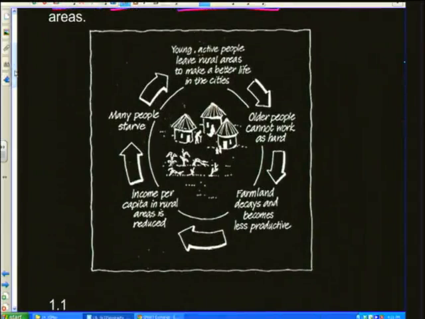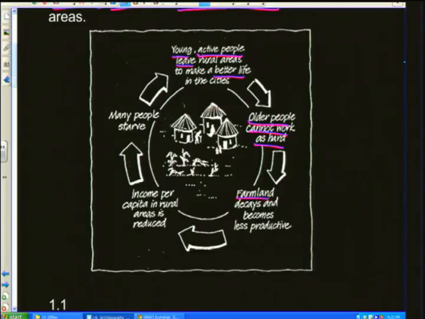So firstly, all the young, active people, they want a better lifestyle, they want more excitement, they want more entertainment, they want better jobs. They're going to leave to make a better life in the cities. The older people are left behind, and they're too old to work as hard, okay? So they can't produce many crops, they can't handle the workload.